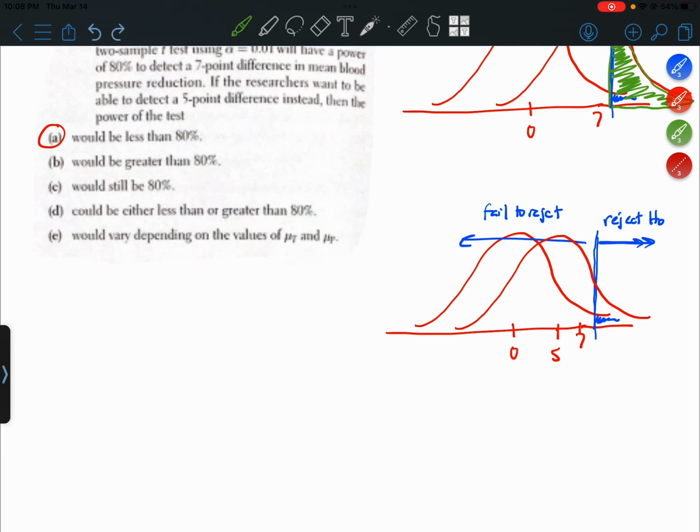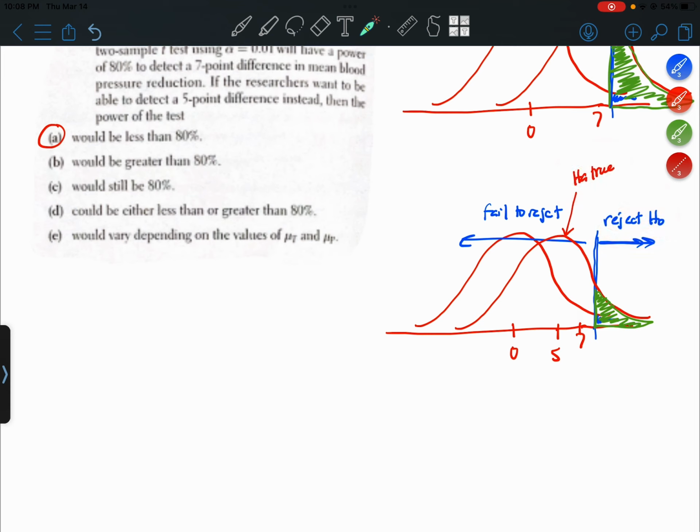And then the power of the test is now this region here. Again, this second curve represents some alternative value being true, in this case 5. And the power is the ability to reject the null hypothesis when the alternative is true. So this region right here.